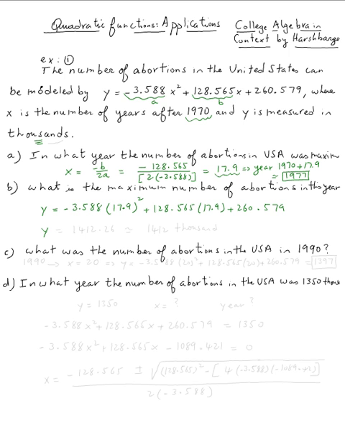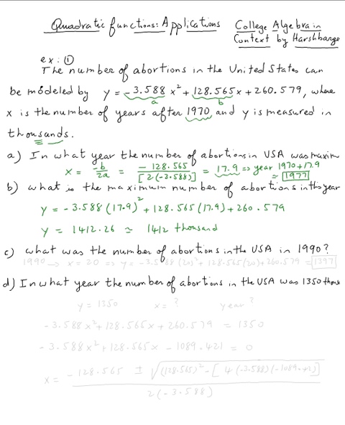So use your calculator. If you do so, you're supposed to get 1412.26, which is 1412. And remember, this is in thousands. So it's 1412,000.